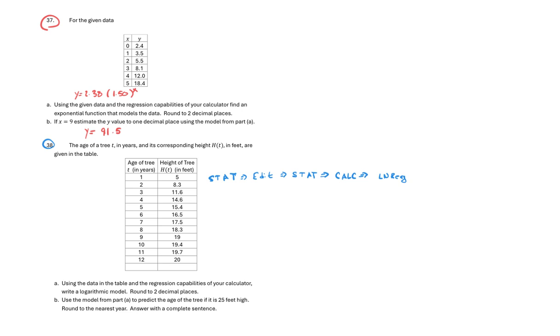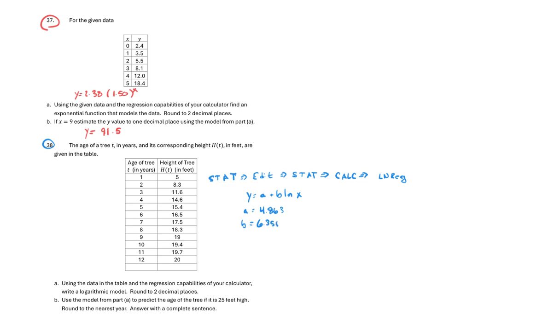If you do this, it'll tell you that y is going to equal a plus b times the natural log of x. And it should tell you a equals 4.863, and b is going to equal 6.351.